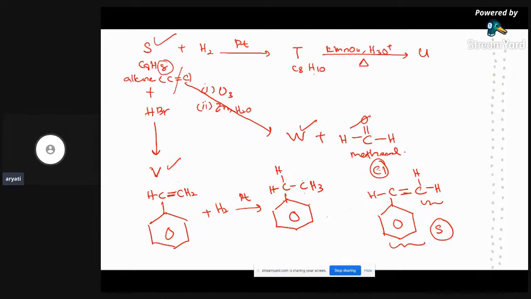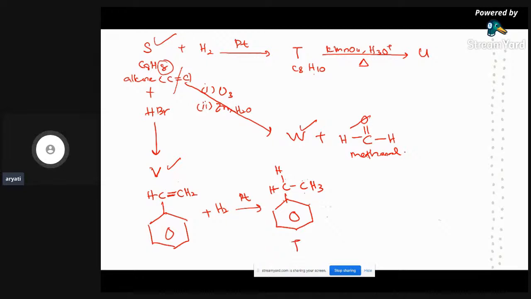Ini adalah structure bagi T. Ini ialah tindak balas oxidation untuk alkyl group, substituen yang terikat dengan benzena. So pada carbon ni, yang terikat dengan benzena ni ada 2 atom H.